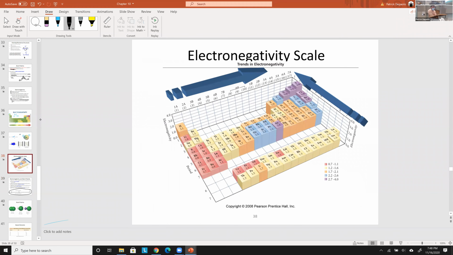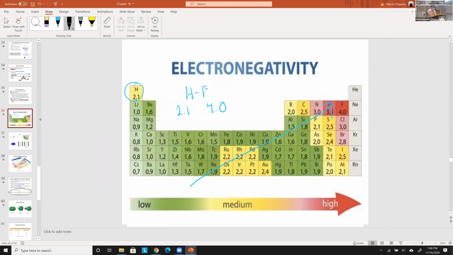The bond between carbon and sulfur is not really polar. Their difference is 0. The bond between silicon and phosphorus, not really polar. The bond between silicon and hydrogen, not really polar. The bond between carbon and hydrogen, it's on the cusp, but it's considered non-polar. So you get the point. Anything that has a difference of 0.4 or less is considered to be non-polar.